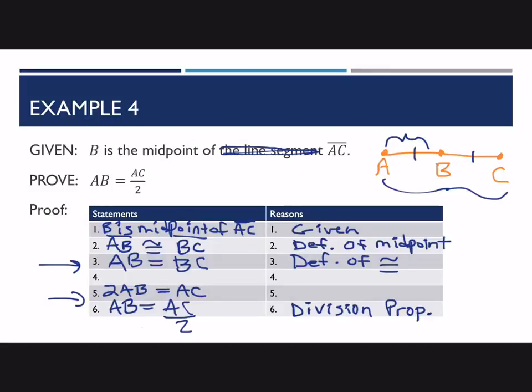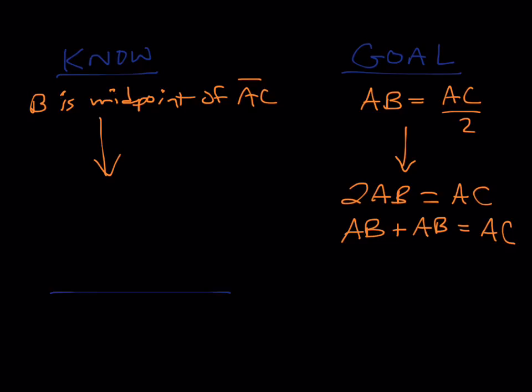This is number 3. And it says that if X is a point on segment AB, so that X is between A and B, then AX plus XB is equal to AB. So we can use that, we just need to change the lettering.